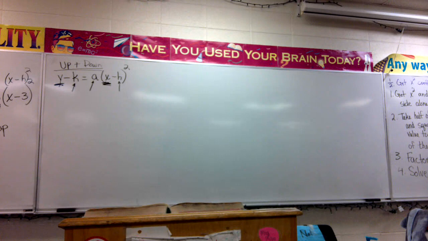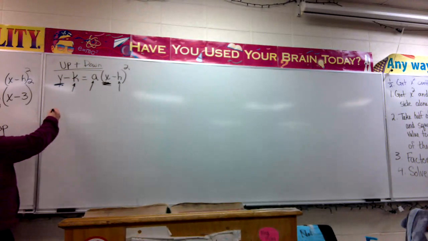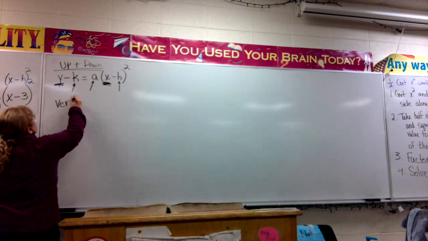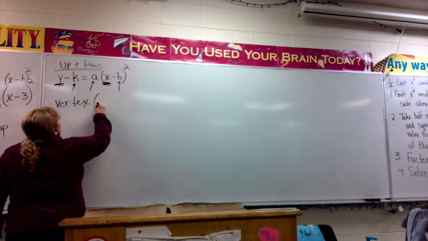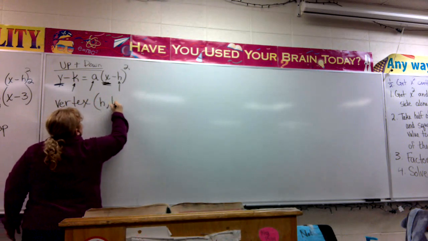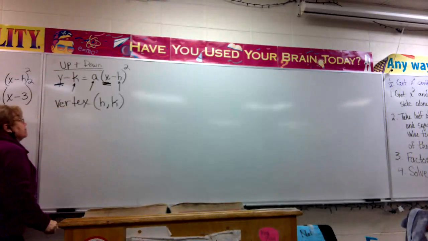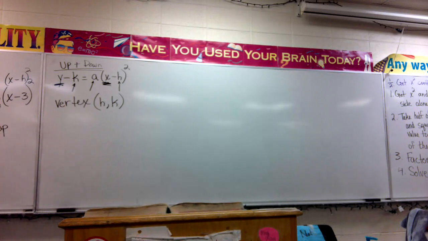The second thing that you can tell, it says over there, the vertex of the parabola is the point (h, k). What the heck is a vertex? I don't even know what that means. The vertex is this. If the parabola opens up, the vertex is the lowest point.